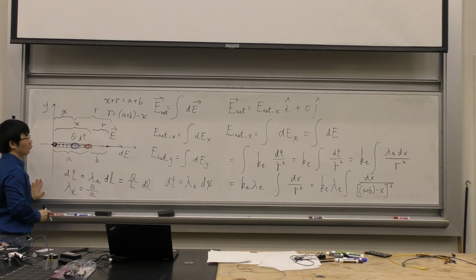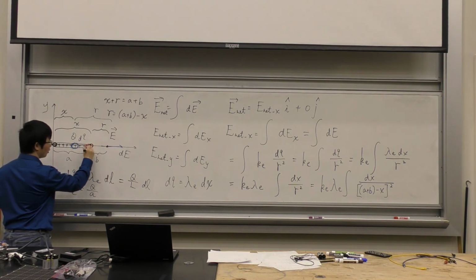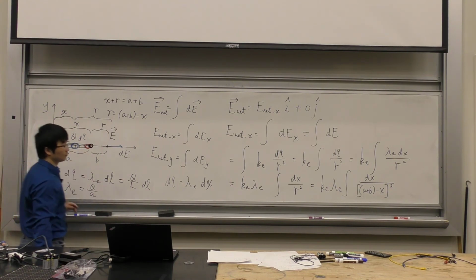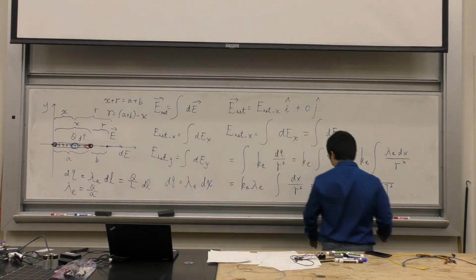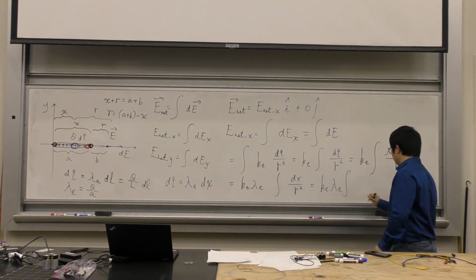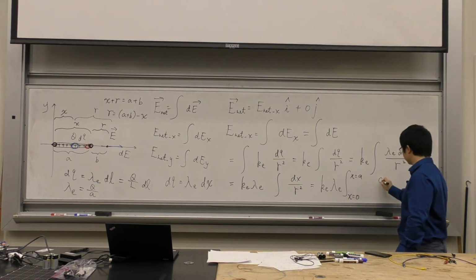What is the maximum x value you can get on this rod? It's going to be this end. You pick a charge on this right end, what is the value of this x? That's going to be a. So the bounds for this x are going to be from 0 to a.